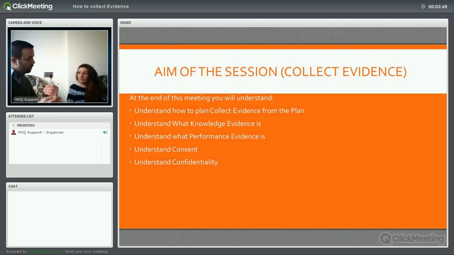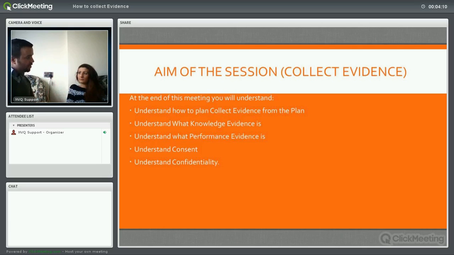So first of all, performance evidence. Performances are tasks that you physically carry out, something that you do. Knowledge is something that you know, and something that you can demonstrate through what's up here.